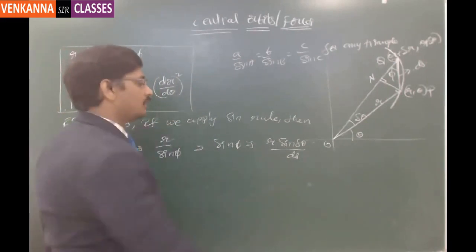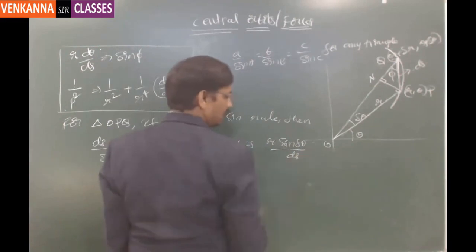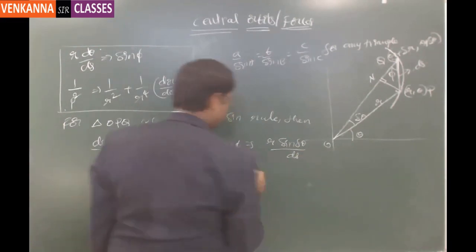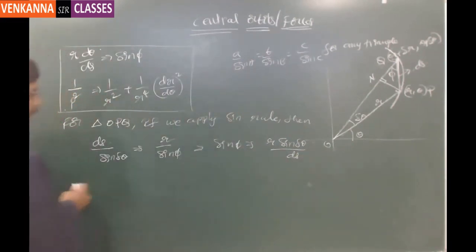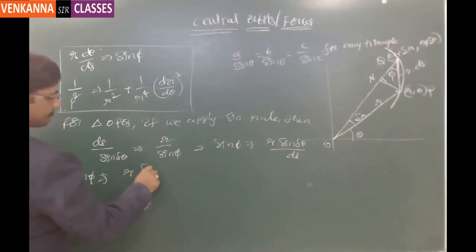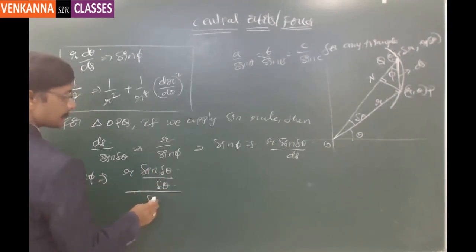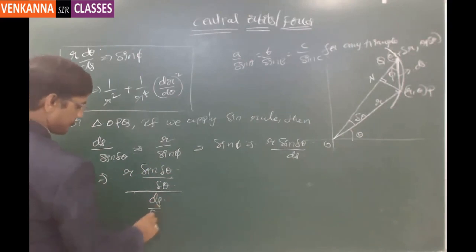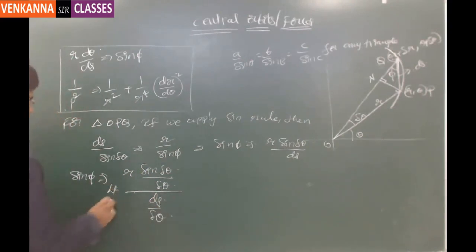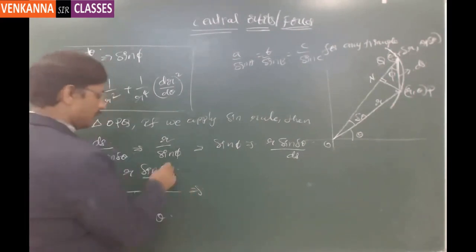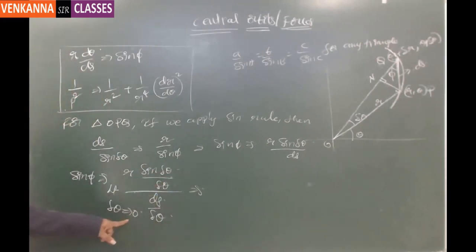For this relation, if I divide by delta theta on either side, so sine of delta theta by delta theta as delta theta tends to 0 is going to be 1.